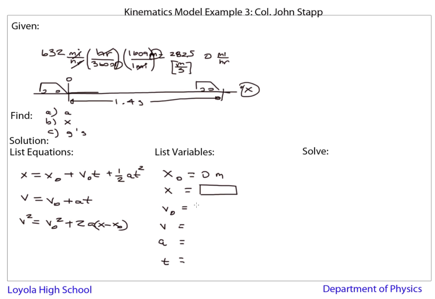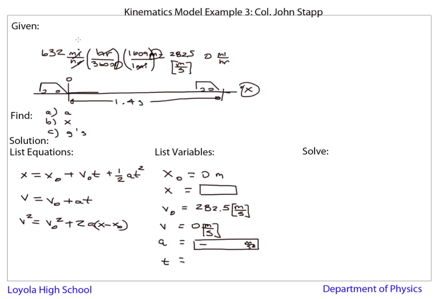My initial velocity we converted already, so we're at 282.5 meters per second. I come to a stop, so that's 0 meters per second. My acceleration rate I do not know, although I do know it's going to be negative meters per second squared.